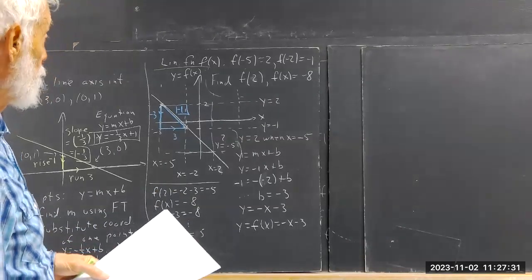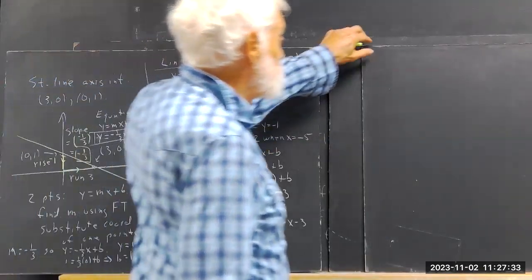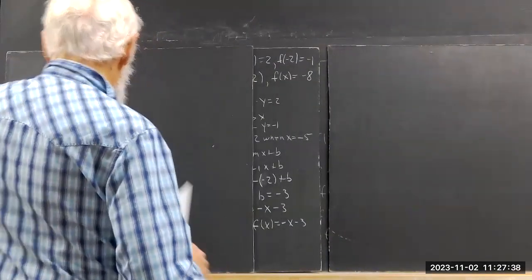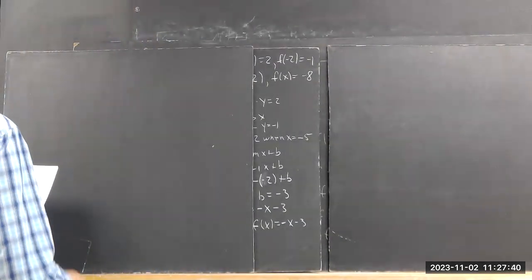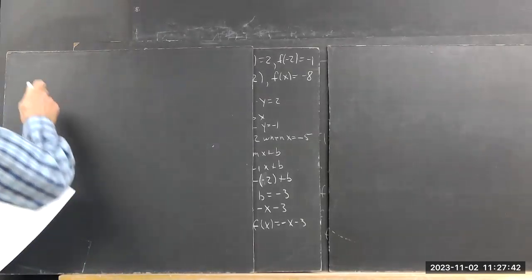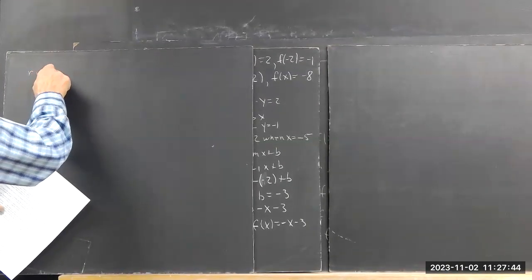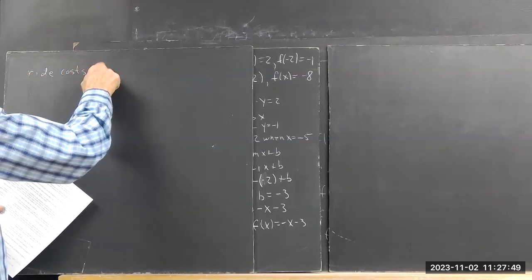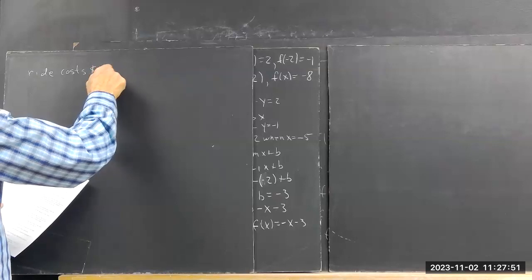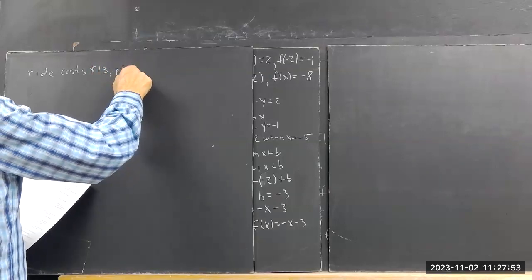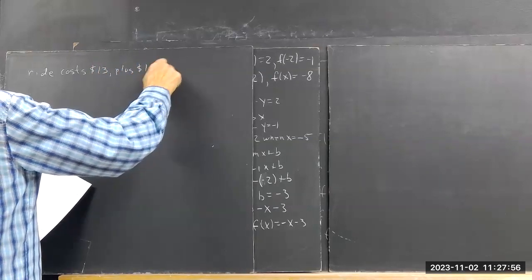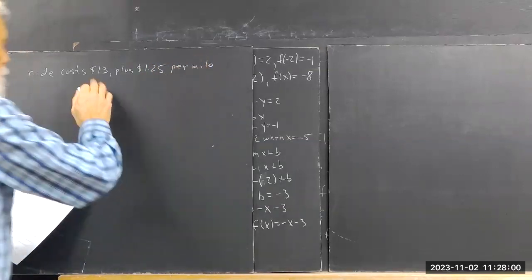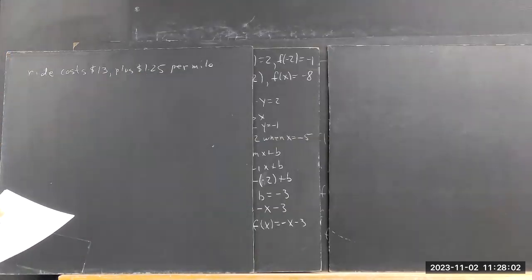Now, people did pretty well on this. So, a ride costs $13 plus $1.25 per mile.